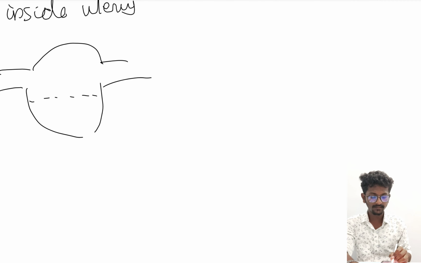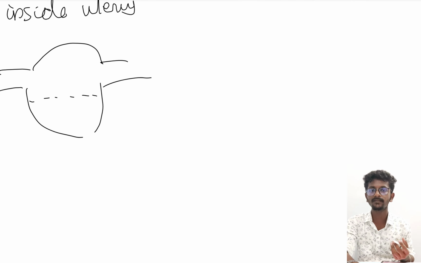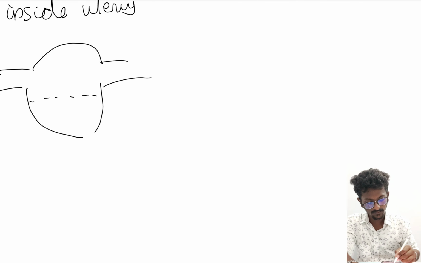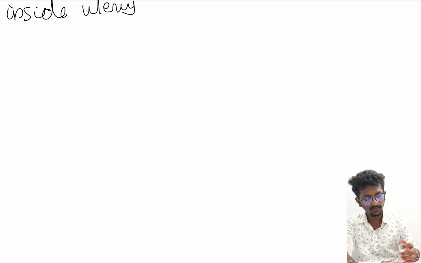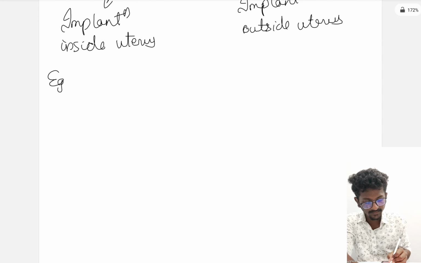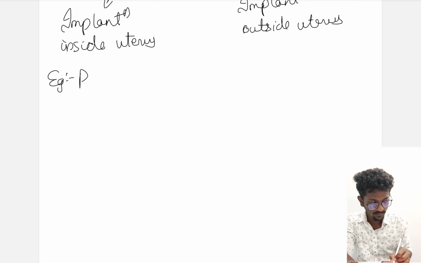So the implantation should take place in the upper segment of the uterus. But if it takes place in the lower segment of the uterus, it is called abnormal, that is called as placenta previa.